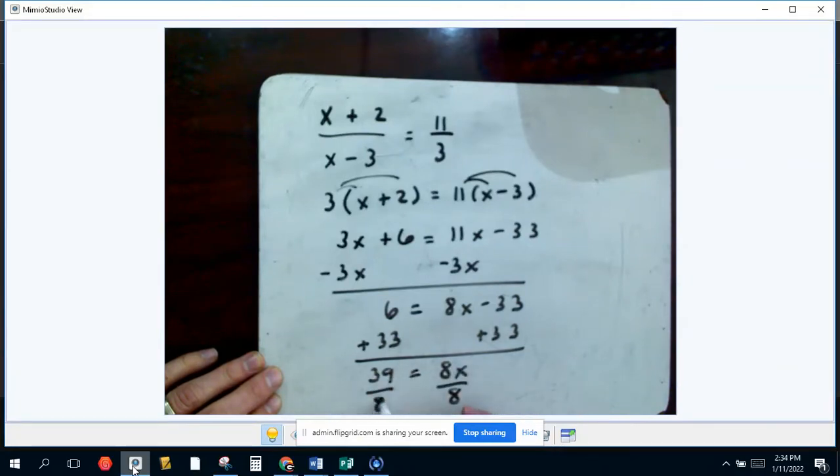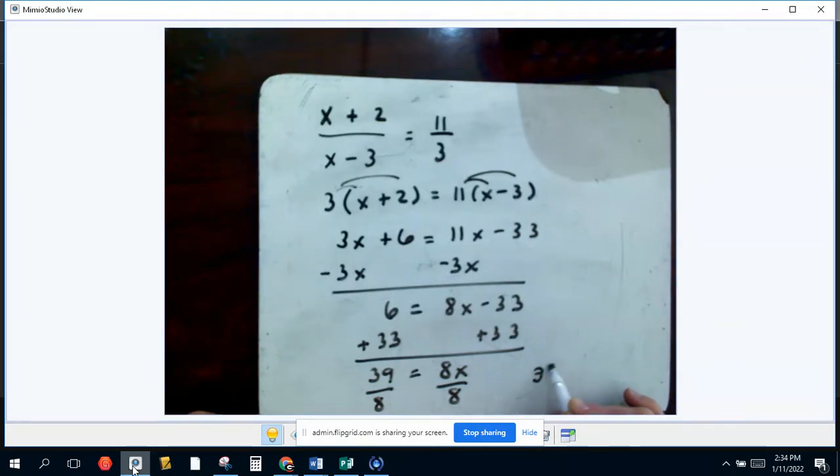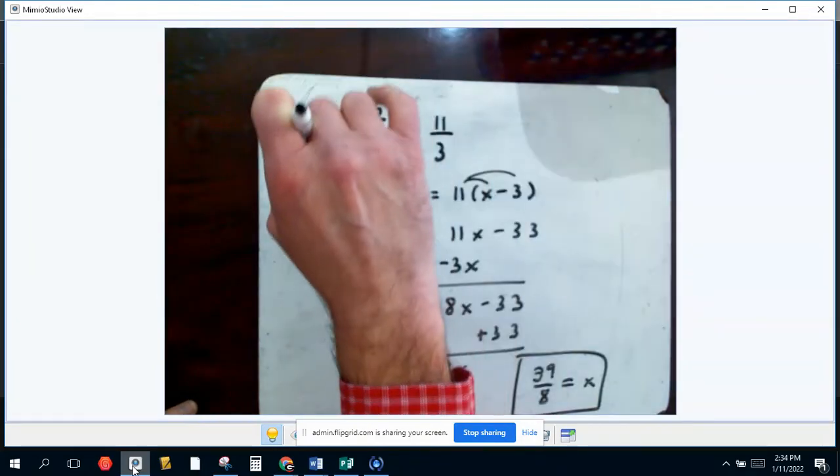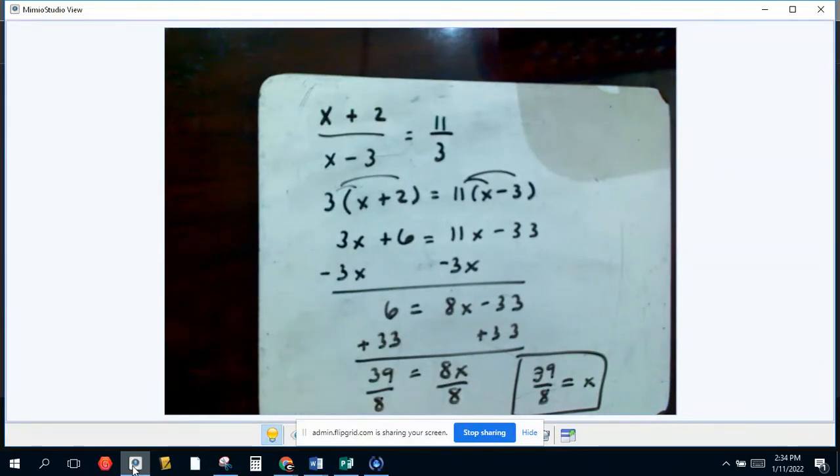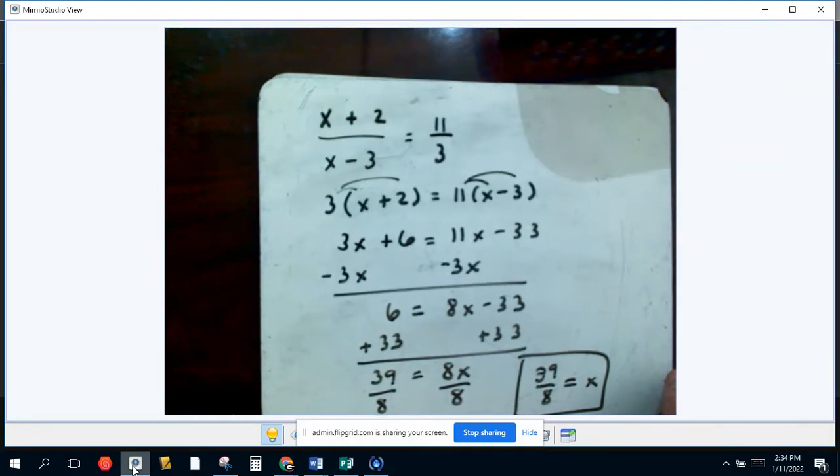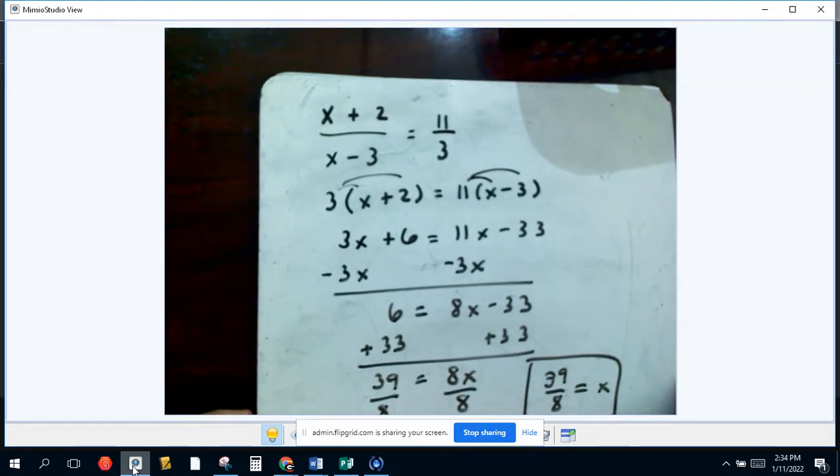So we'll leave it: 39/8 is equal to x. Okay, so if I went and put this back in for x in each of these positions, I would end up with the same value, 39/8. So sometimes you may get a fraction, other times you won't, but that's a linear look to a rational equation.